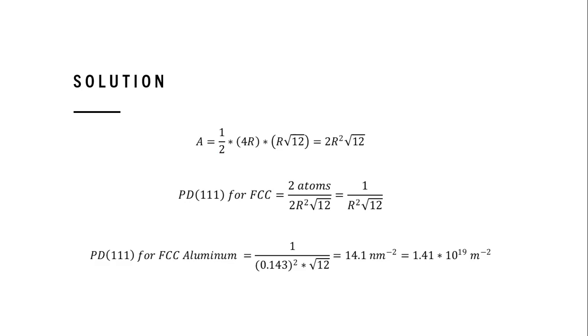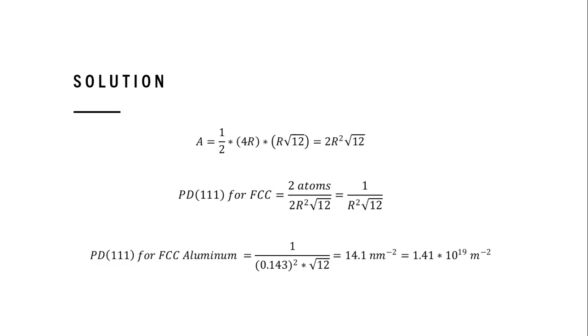Why do we choose 2 atoms? Because there are 2 atoms centered on the plane. And then this will be equal to 1 over the radius squared times the square root of 12.